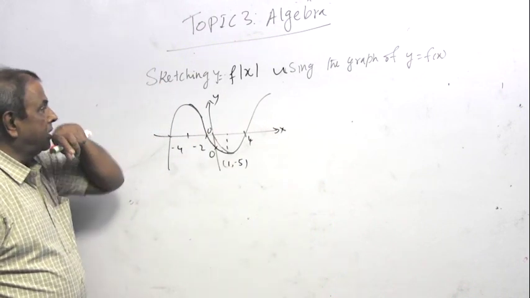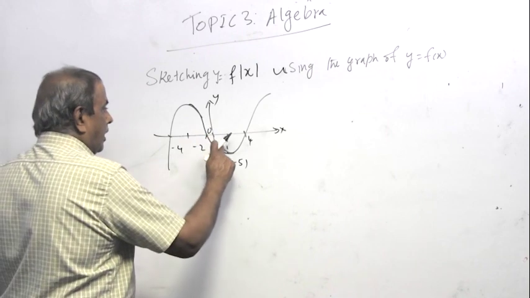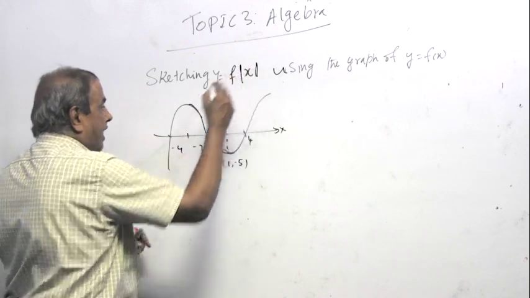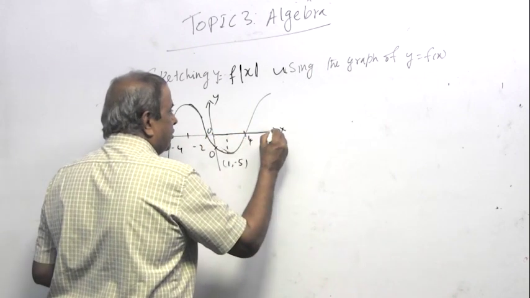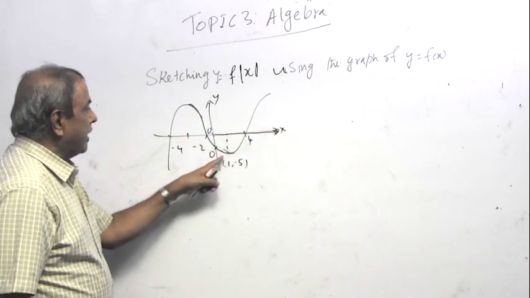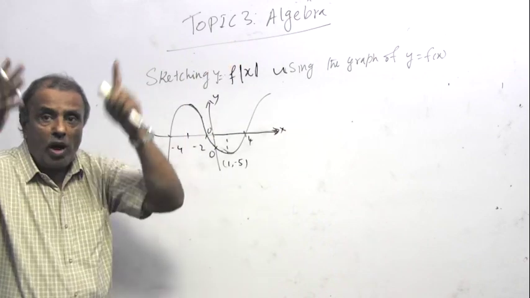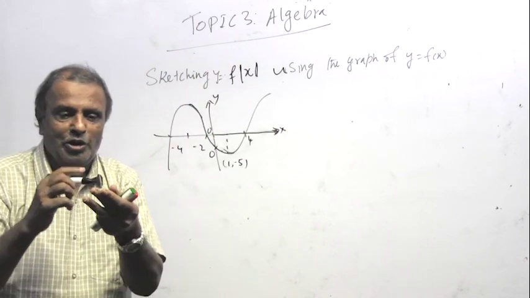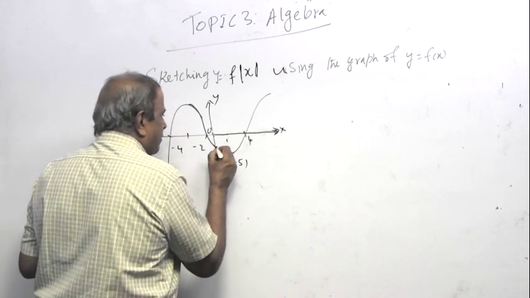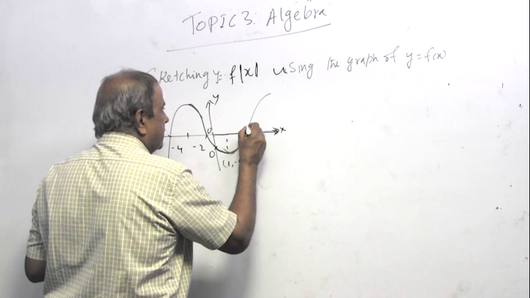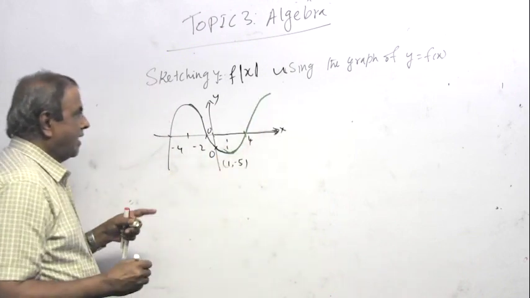Listen, it's f of mod x. As long as x is positive, the values of y are not affected. Y is not modulus, x is modulus. So therefore, this graph from here is not affected.